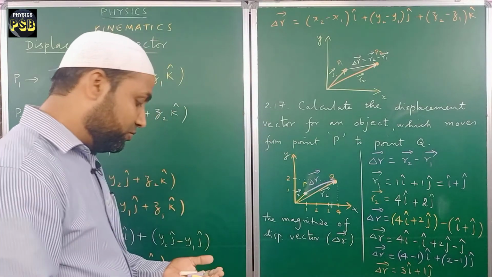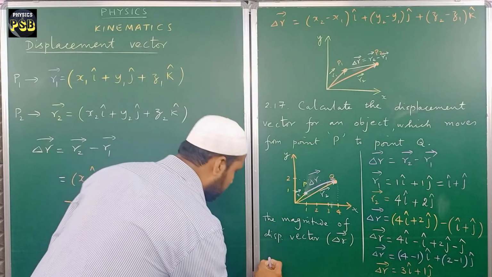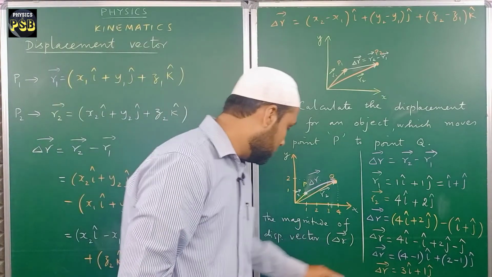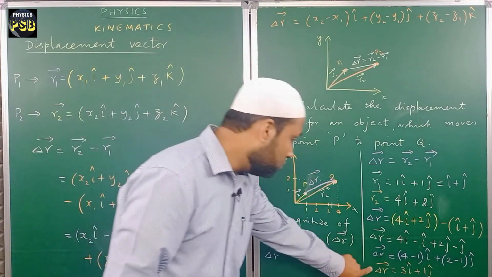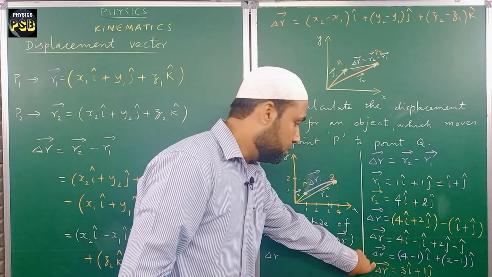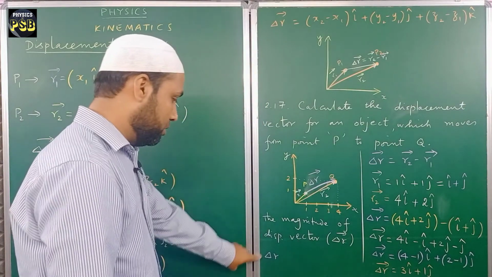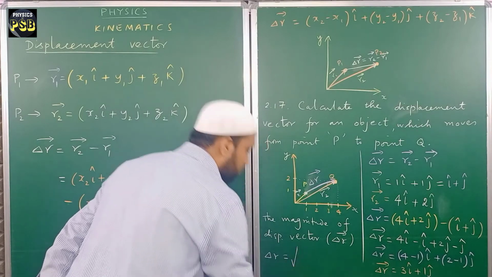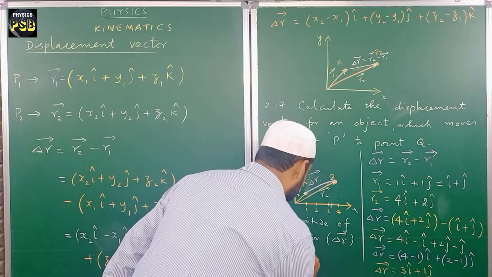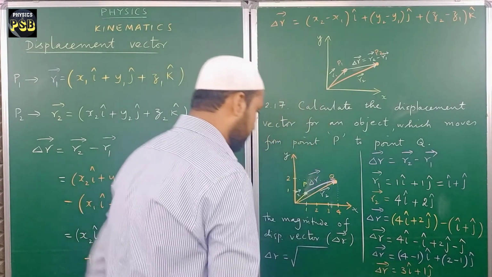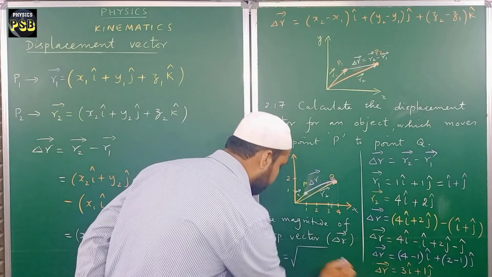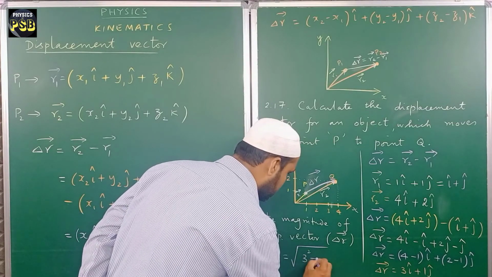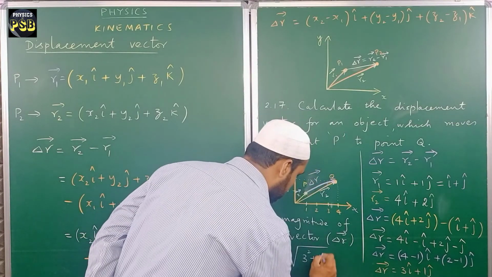Now it can be obtained very easily. Here, as I am going to represent the displacement vector, we have to write the symbol for vector, because this represents only the magnitude. So here I take the square root. I first take this, I square it, plus I square this.